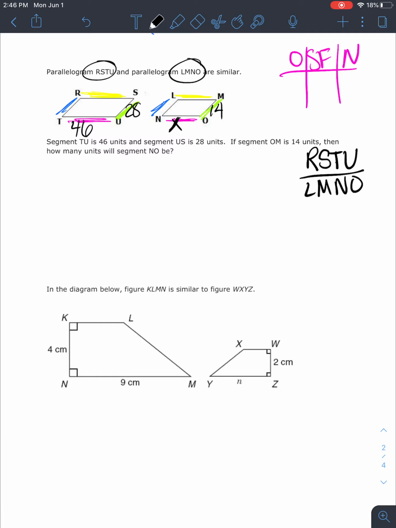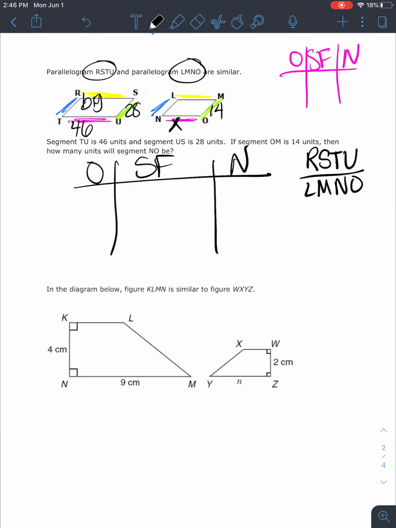So again, I'm going to make my proportion table: old, scale factor, new. And again, I'm going to have my labels. There are a few different labels you can pick from here. I like to call this the big shape and this one the smaller one. The other thing you can do is stack by color.